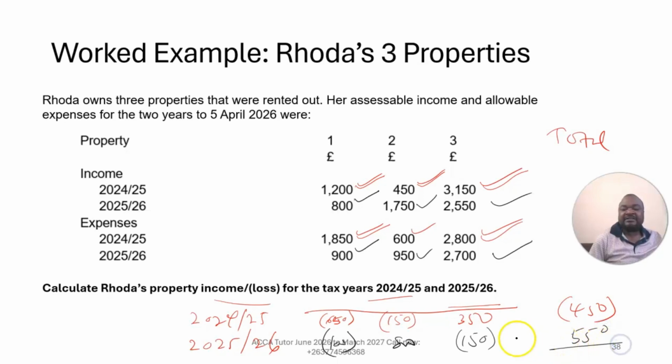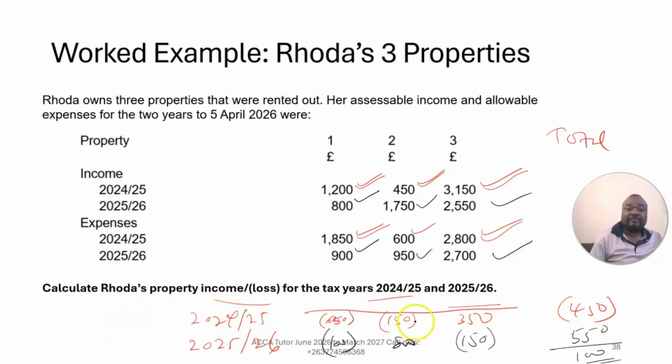This simply means that the property income for 2025-26 is going to be 100. However, for the year 2024-25, there was a zero in terms of property income.